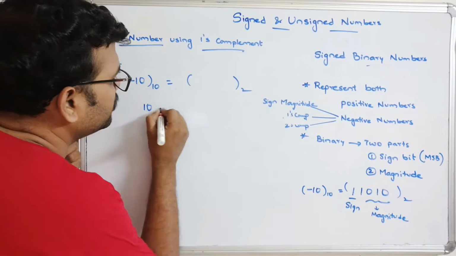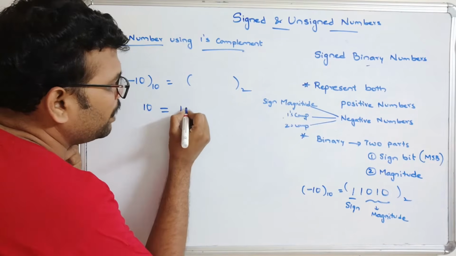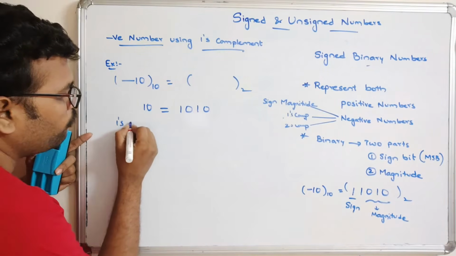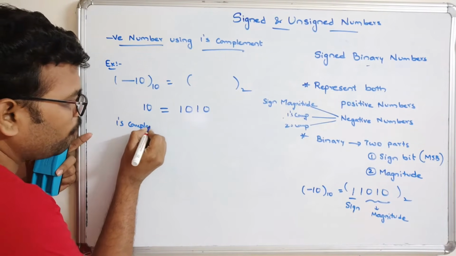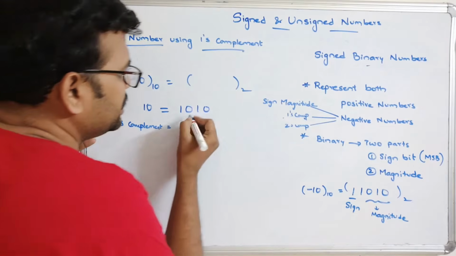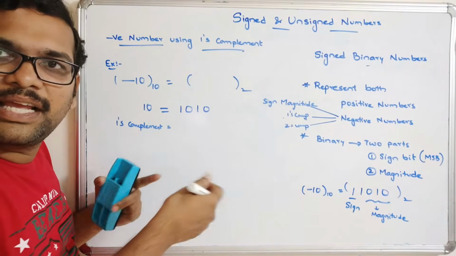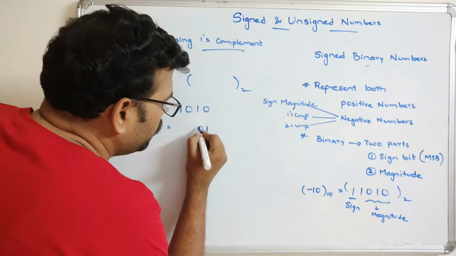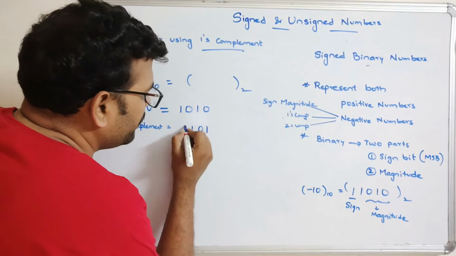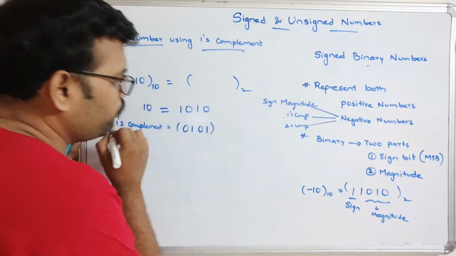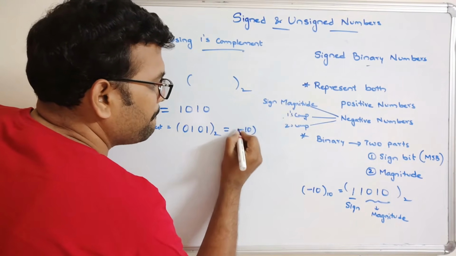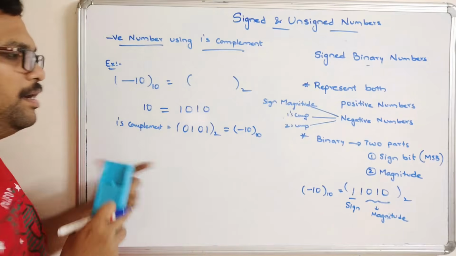Take 10. What is the binary representation? 1, 0, 1, 0 is the binary representation. Then the 1's complement is just flipping the numbers, that means inverting the numbers, right? So 0 becomes 1, 1 becomes 0, 0 becomes 1, and 1 becomes 0. This will be the minus 10.